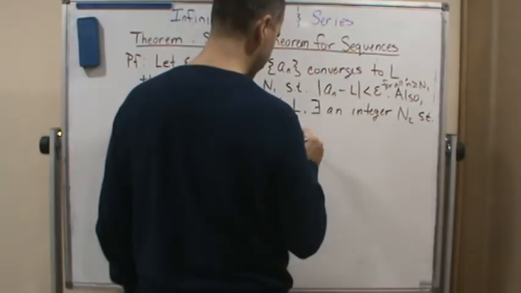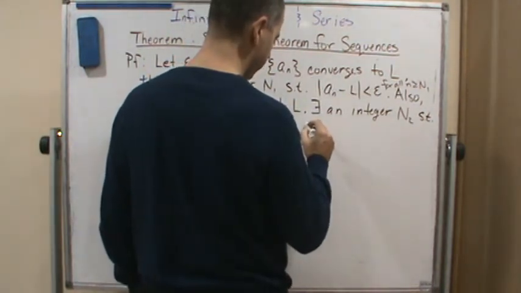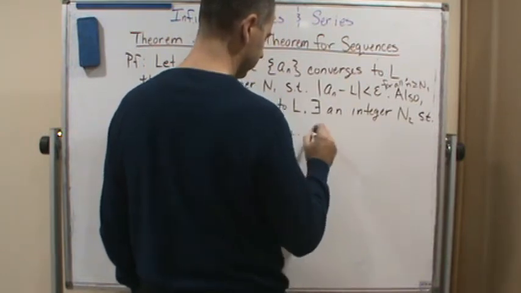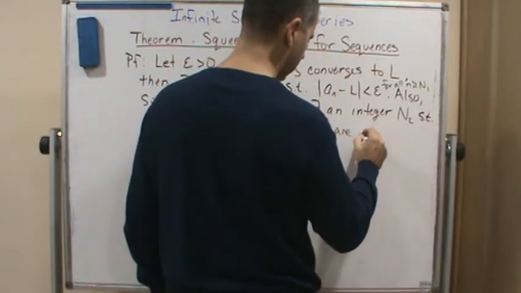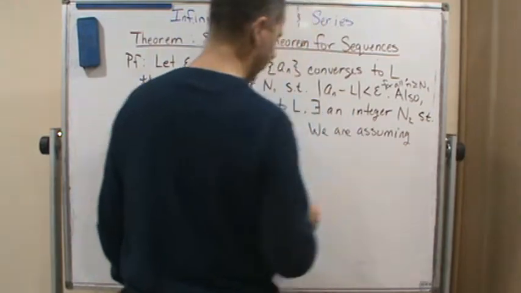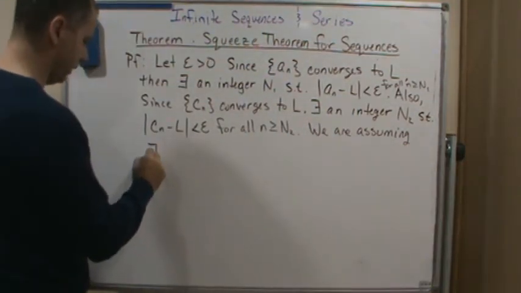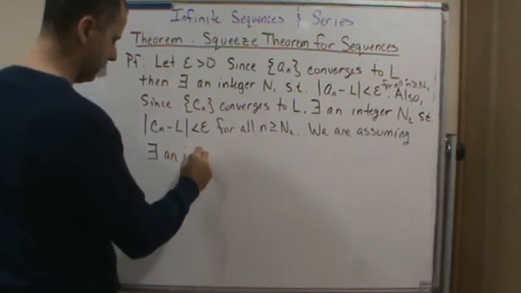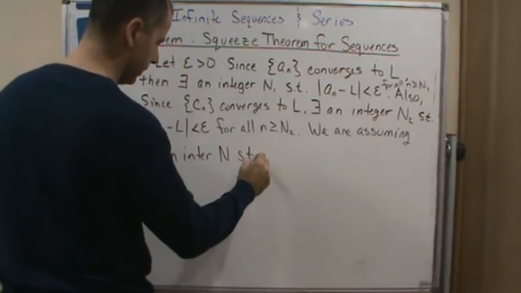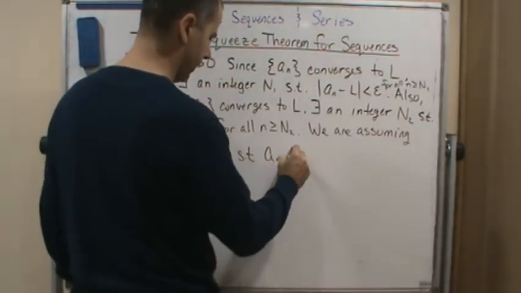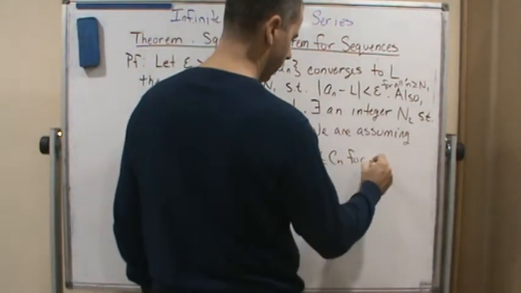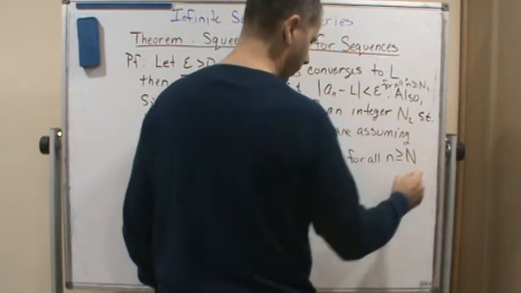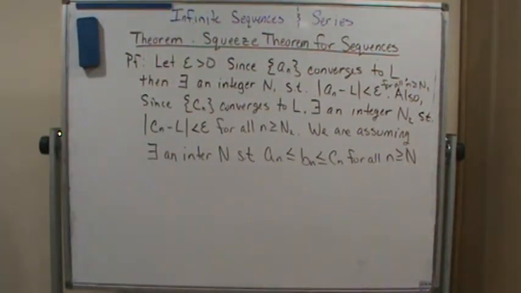So that's one of the things we're assuming: a sub n is less than or equal to b sub n, which is less than or equal to c sub n, for all n greater than or equal to N. Okay, so that's the assumption we're making.